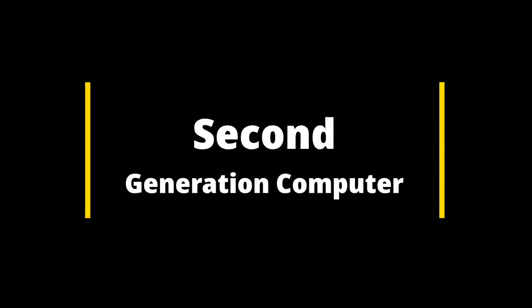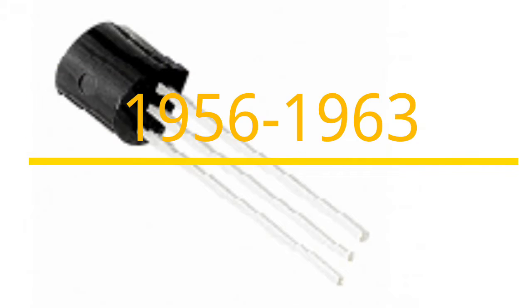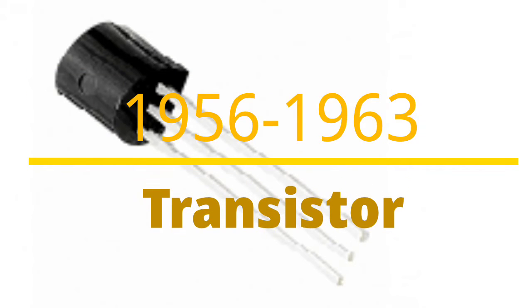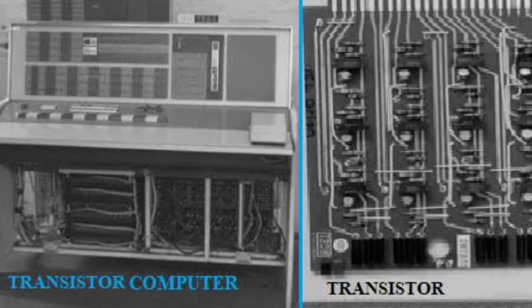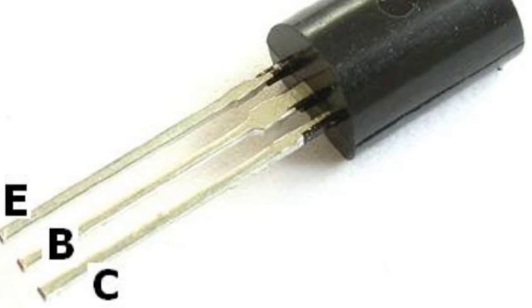Second generation computer, transistor, 1956 to 1963. The transistor replaced the vacuum tube and ushered in a second generation of computer. The transistor was invented in 1947 but did not see widespread use in computers until the 1950s.